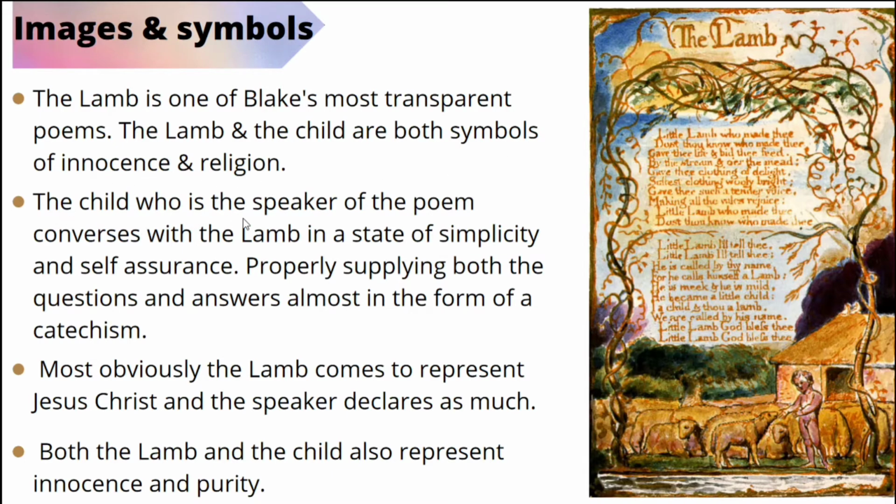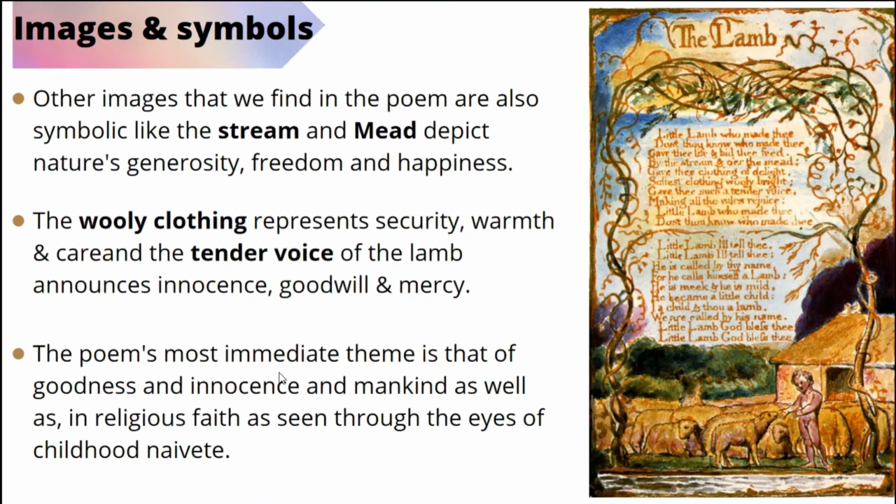The child, who is the speaker of the poem, converses with the lamb in a state of simplicity and self-assurance, properly supplying both the questions and the answers, almost in the form of a catechism. Most obviously, the lamb comes to represent Jesus Christ, and the speaker declares as much. Both the lamb and the child also represent innocence and purity.